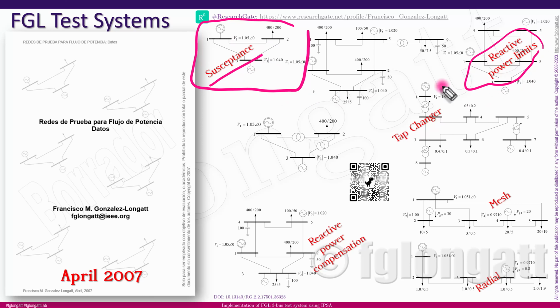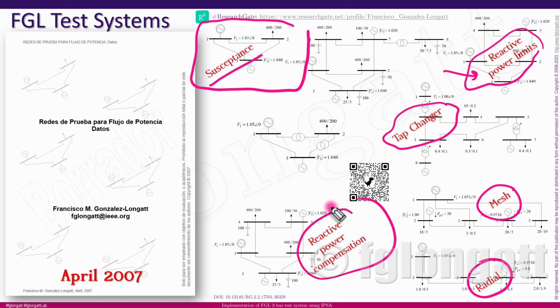That was basically to show how to solve the problem of including discontinuities or limits inside the power flow calculation. Also, tap changers in order to demonstrate the pi model for the 2-winding power transformer with tap changer, and also some other topologies, mesh and radial, and also reactive power compensation.